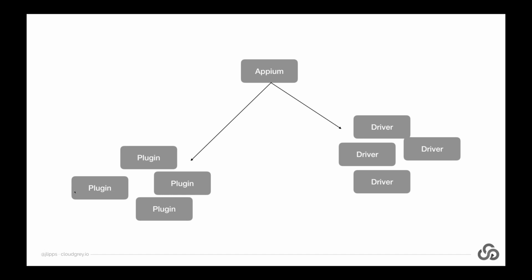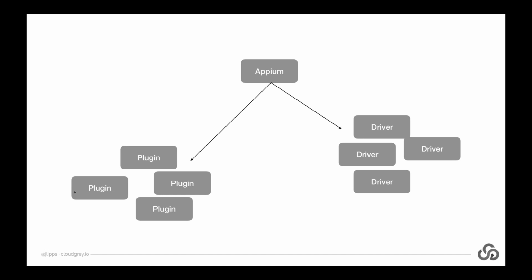And then we'll have many different drivers and many different plugins, all of which have their own independent existence and development trajectories and everything else. But they are integrated with Appium as and when you need them to be. So they're not all bundled together into one big package the way that they are now.